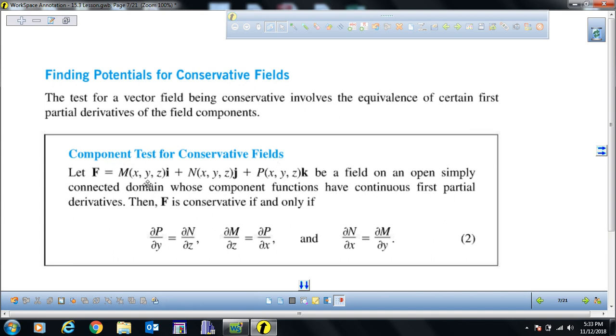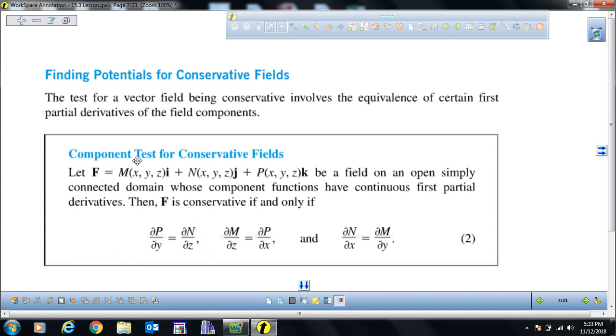Given three continuous component functions M, N, and P, for the i, j, and k components of a vector field, the field is conservative, which means that the work will be the same over all paths, if and only if the derivative of the k component with respect to y is the same as the derivative of the N component with respect to z.